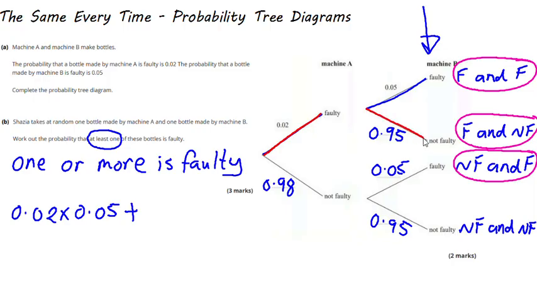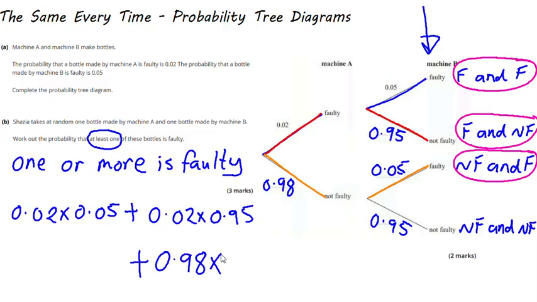Faulty and then not faulty, 0.02 times 0.95. And another plus for the final option, not faulty and faulty. So we go back up there again, 0.98 times 0.05.